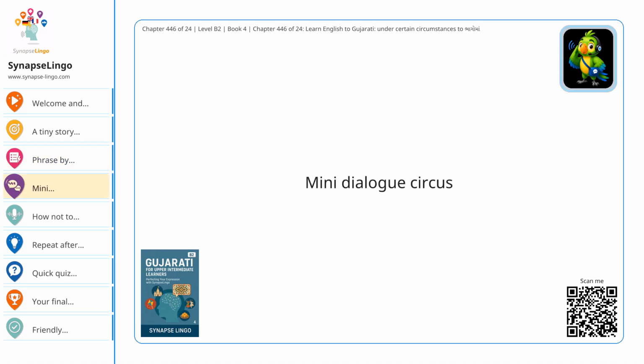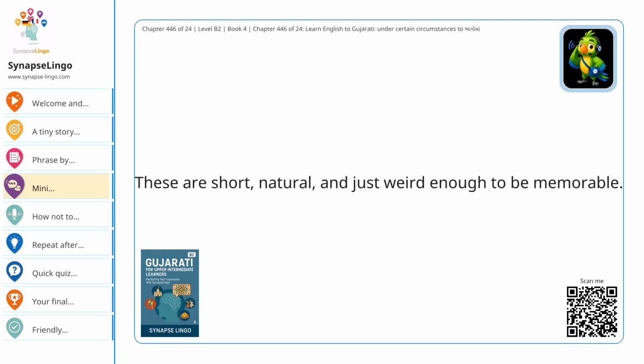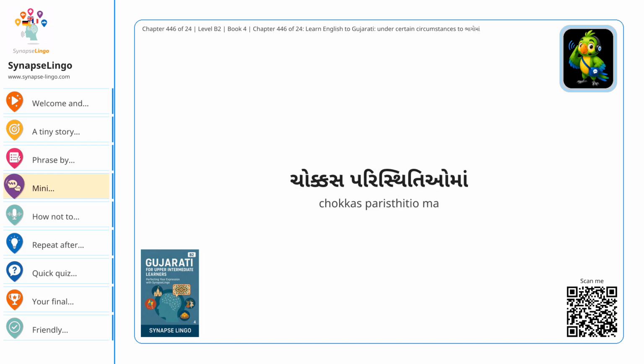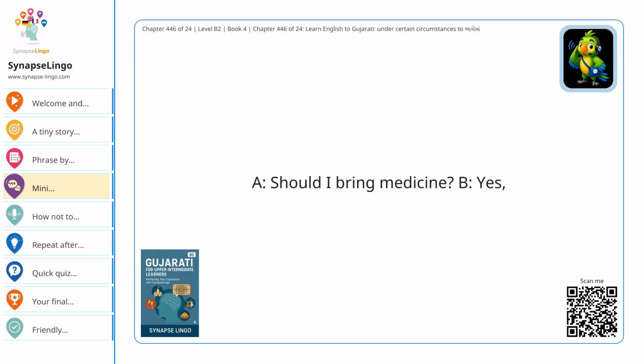Mini dialogue circus. Time for quick dialogues. These are short, natural, and just weird enough to be memorable. A: Can we enter now? B: Only ચોક્કસ પરિસ્થિતિઓમાં. A: Should I bring medicine? B: Yes, જરૂર પડે તો. A: How long will it take? B: વધુમાં વધુ, 10 minutes. A: Is the trend random?